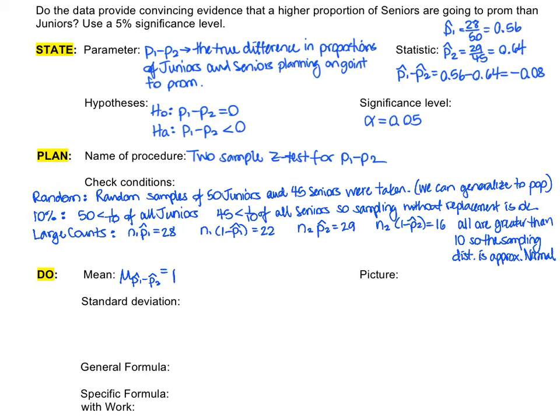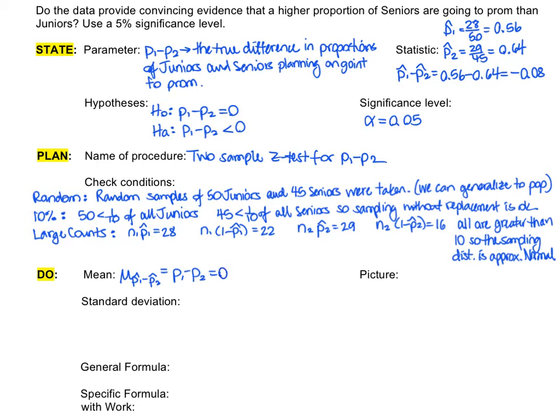And if you remember from when we learned about random variables a while ago, we know that those are going to take on the population proportion values, and those are the ones that we've got in our null hypothesis. So it's going to be p1 minus p2 is equal to 0.